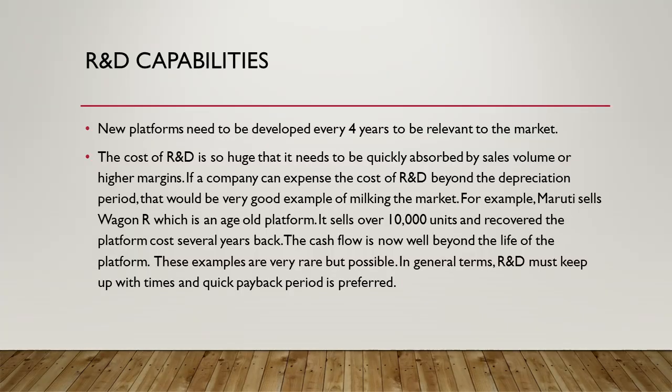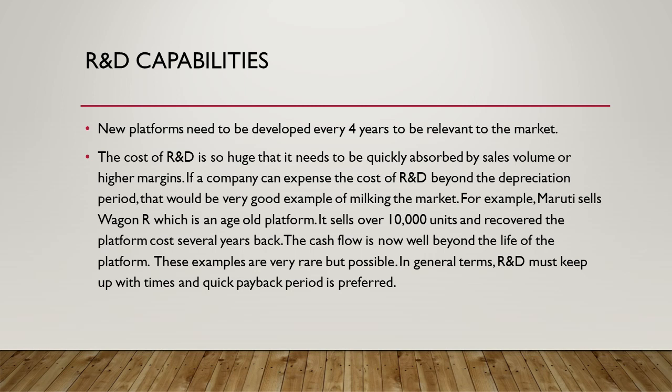So let's talk about the R&D capabilities. Think about it. We want new cars, new models, and these cars need to have the best of capabilities in terms of performance as well as features. So an automobile company has to refresh its model lineup and also provide new models from time to time. The refresh cycle is maybe 2 years, and new products need to come out every 4 years.